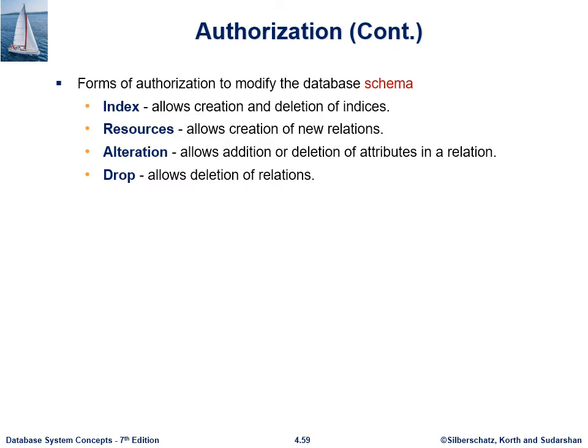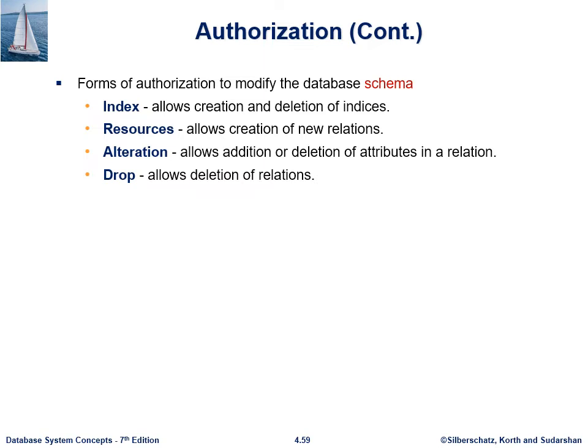Besides the privileges related to the data, we also have privileges related to the schema. That means the database level, for example, tables and so on. The first one allows people to create or delete an index. The second is called resources, which means we can add new tables.